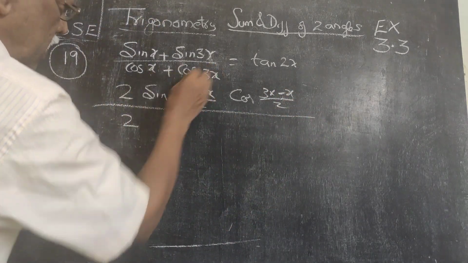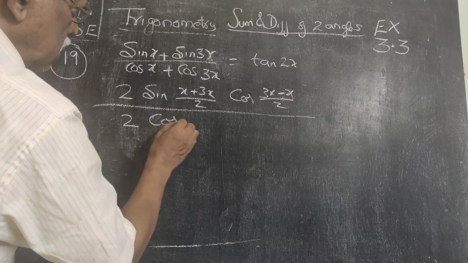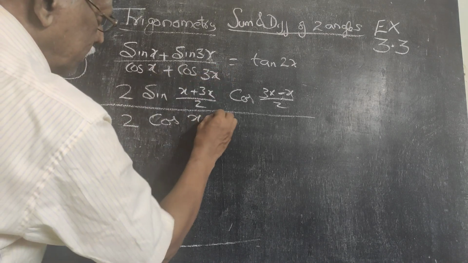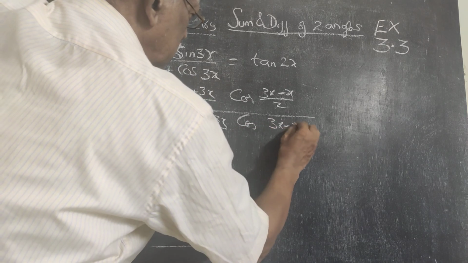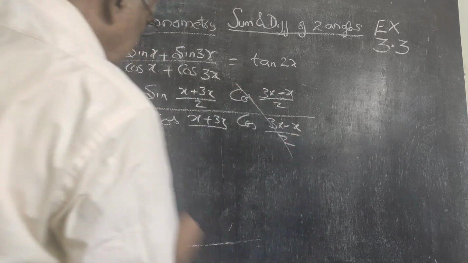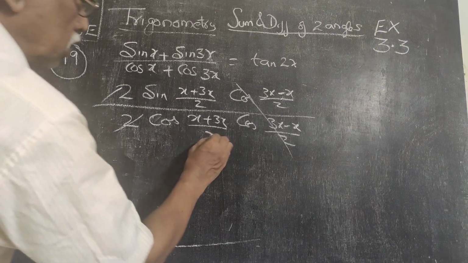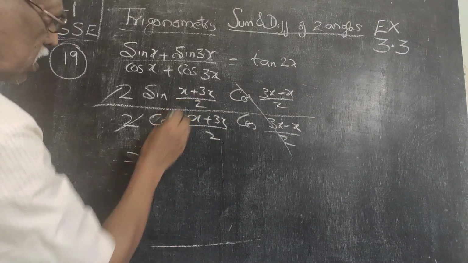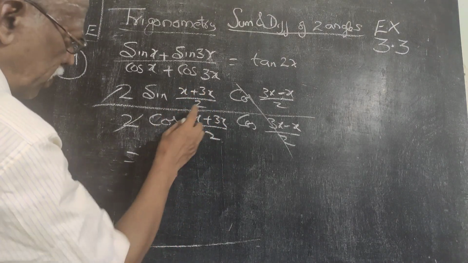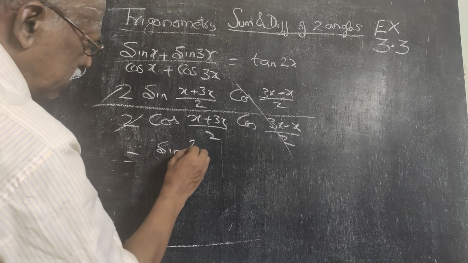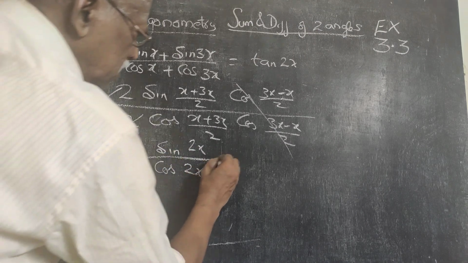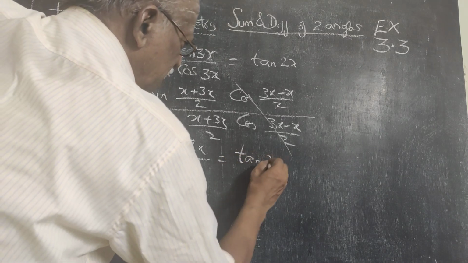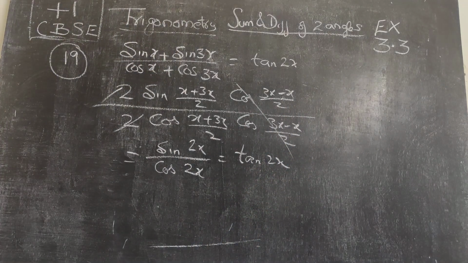Denominator cos plus cos, therefore 2 times cos (x plus 3x) by 2, and then cos (3x minus x) by 2. This gets cancelled. So the answer will be sin of (3x plus x) 4x by 2, sin 2x, and this will be cos 2x, which is nothing but tan 2x. So that's all. We have completed the 19th one. We'll go for the 20th now.